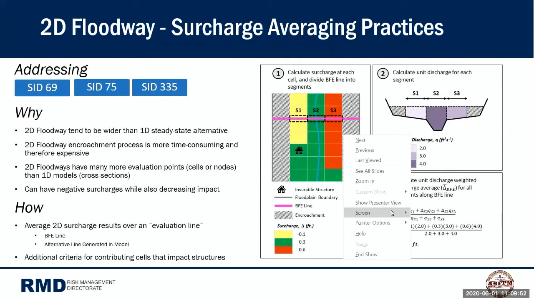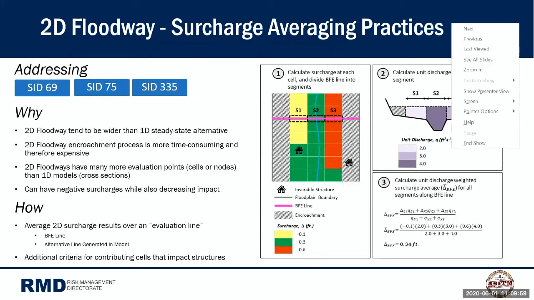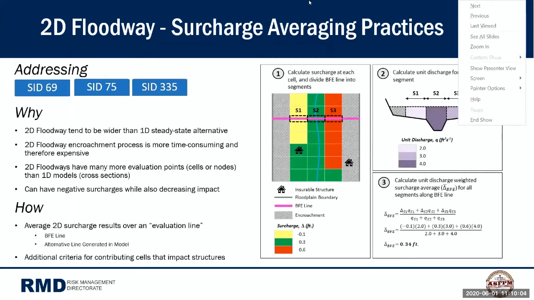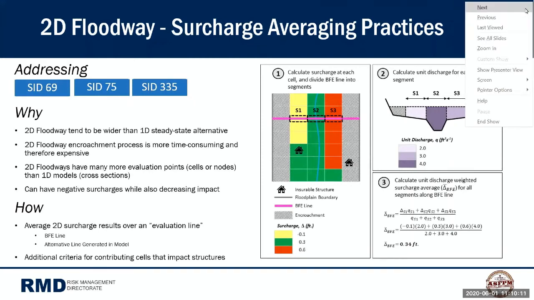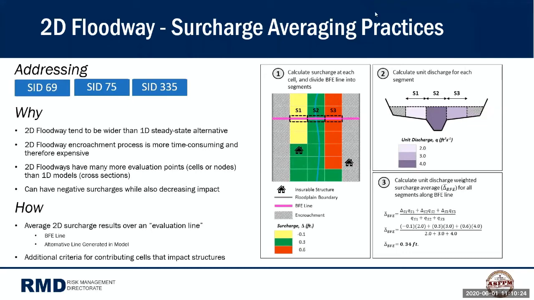That would be a way to, in a sense, replicate what we've already done in a 1D world into the 2D world, where floodplain managers and communities can use these lines and evaluate where the surcharges are. And more will come in guidance. We've talked a lot about the standards now, so the details of how this will all be done are going to come in the guidance part of it. So we'll go to the next slide.